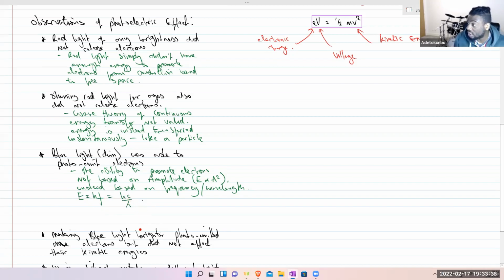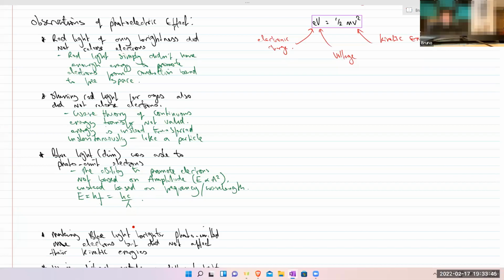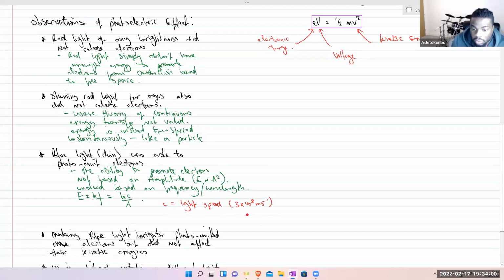That is the energy that light photons are carrying. They carry energy like particles. Sorry, what is c in this case? Light speed. Oh, okay. Because all electromagnetic radiation travels at light speed. Yep.